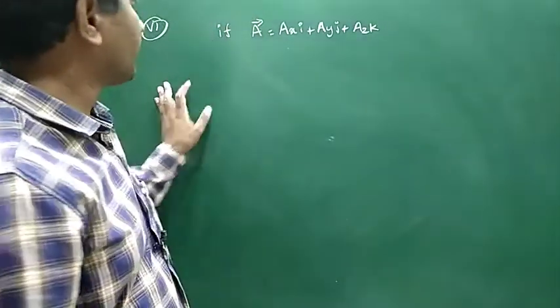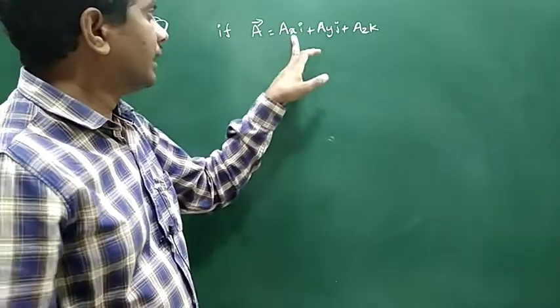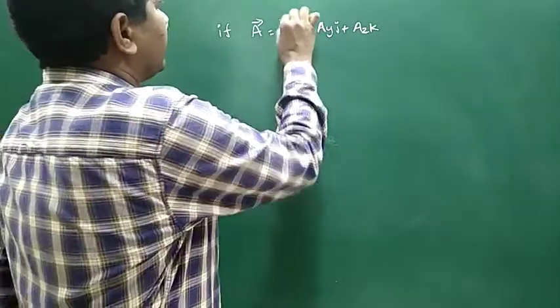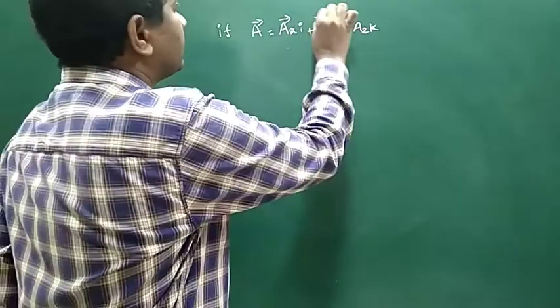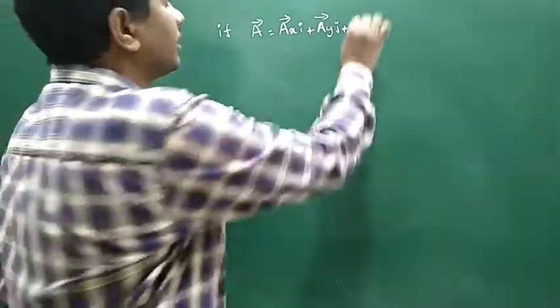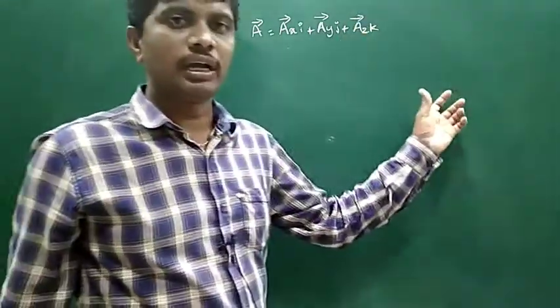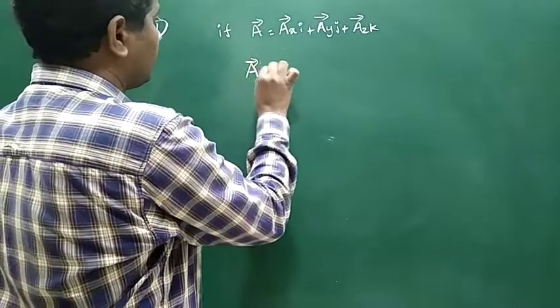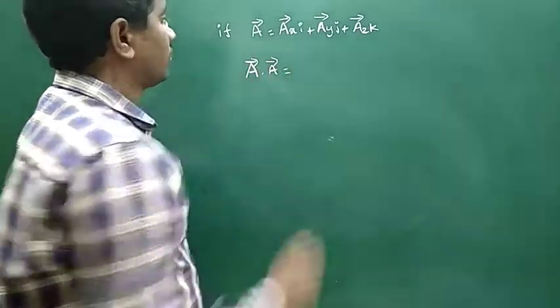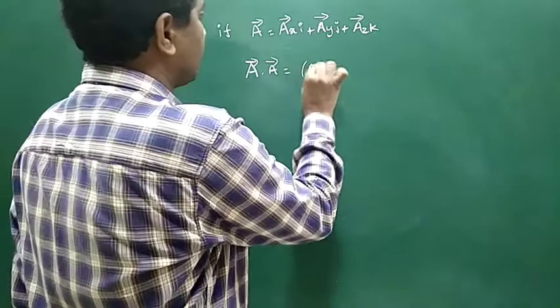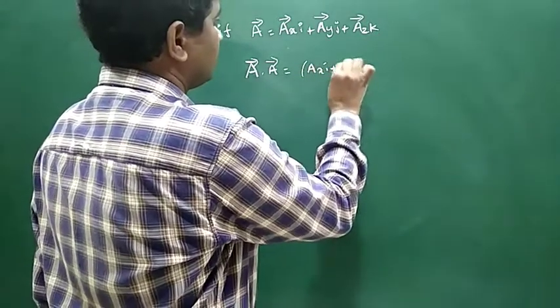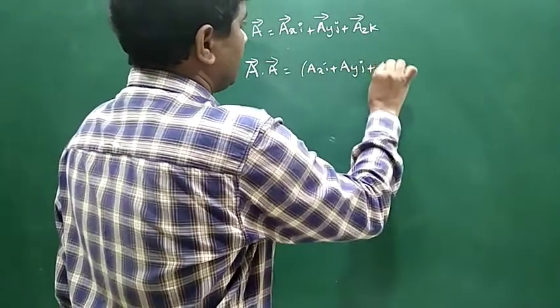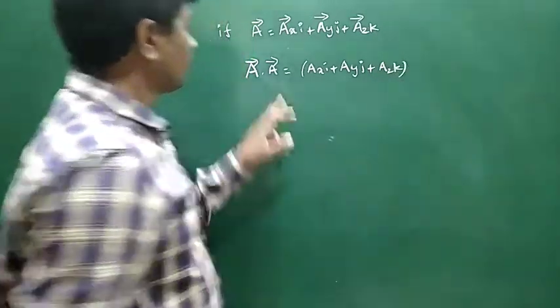The next property: a bar is equal to ax i, ay j, az k. To find a bar dot a bar, equal to ax i, ay j, az k. The symbol is the dot.